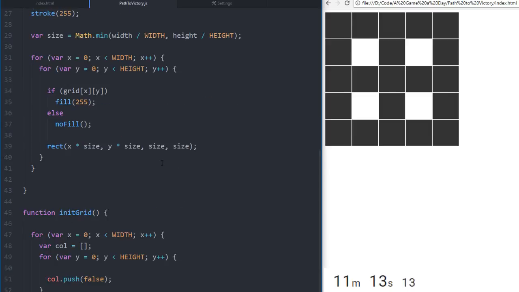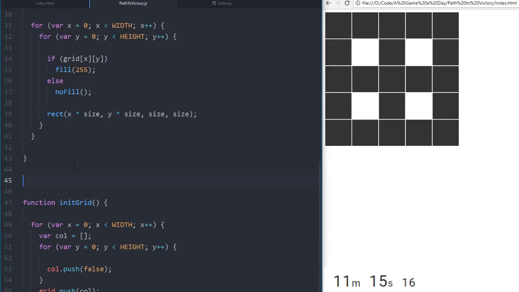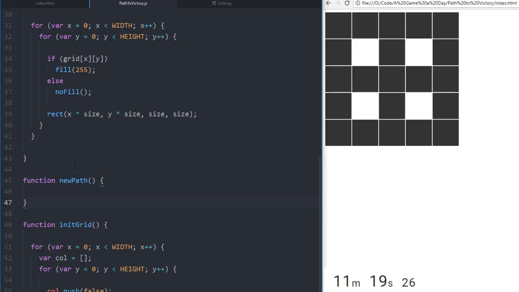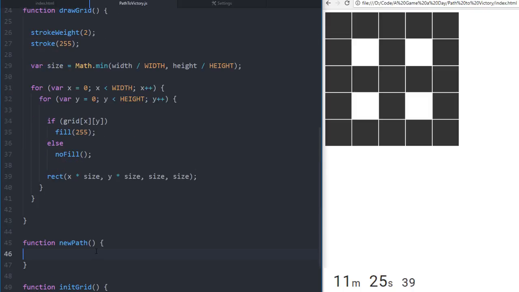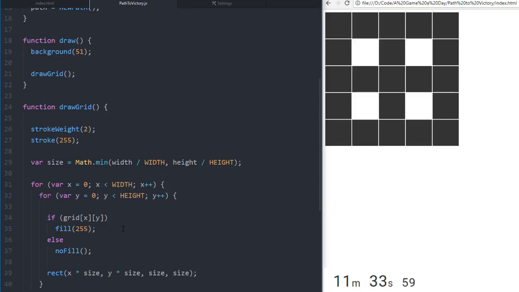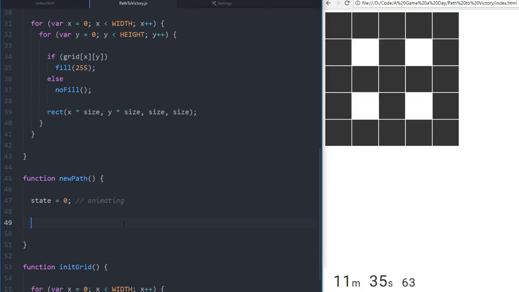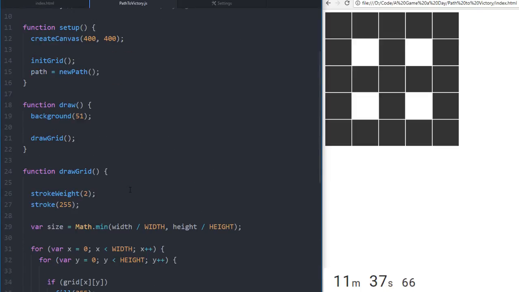New path will create a function new path, and what we'll say is path equals new path. We'll say state equals 0, animating. Okay, and what do we say then?